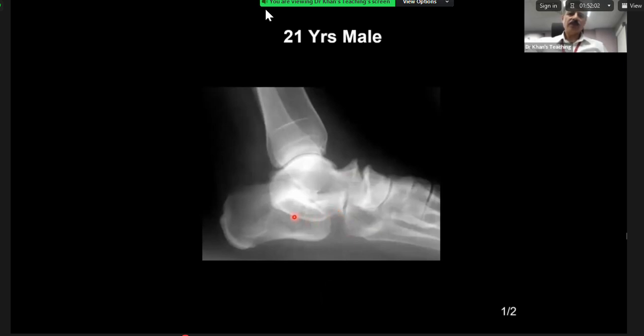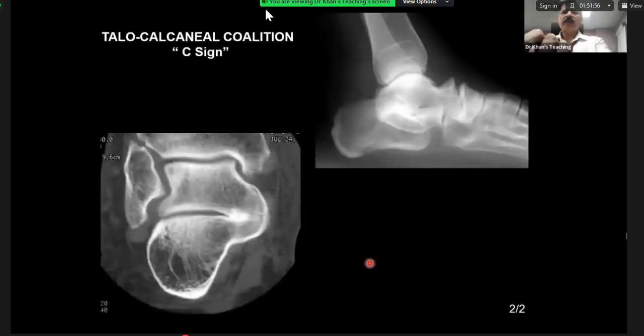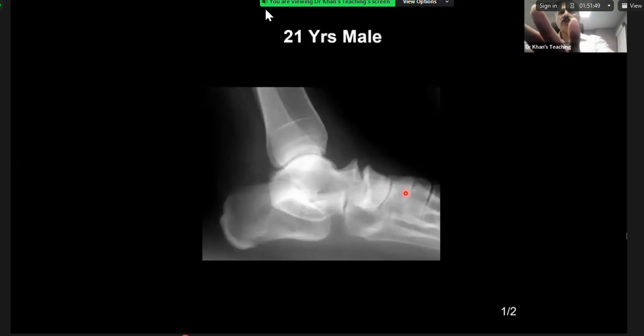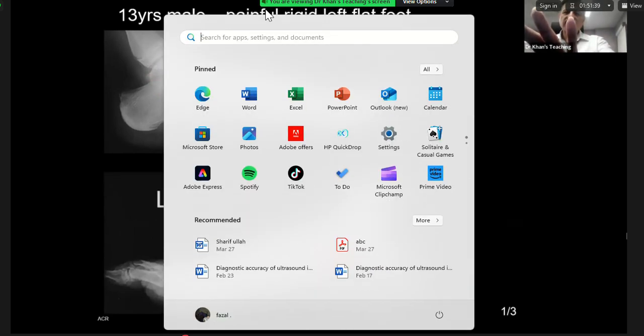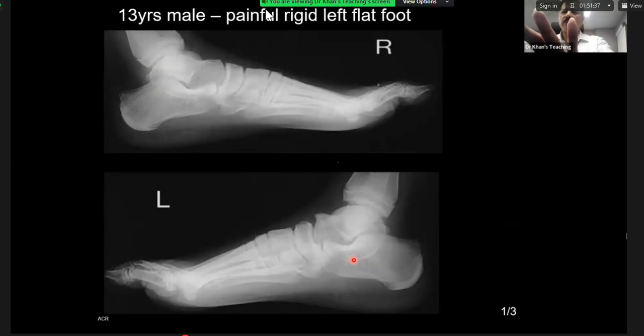Do you see this thing? Oh, the sustentaculum tali? No, this sign is known as the C sign. If you go back just to refresh your anatomy, go to the lateral, and this is how it projects, right? This thing becomes very, very dense and prominent.